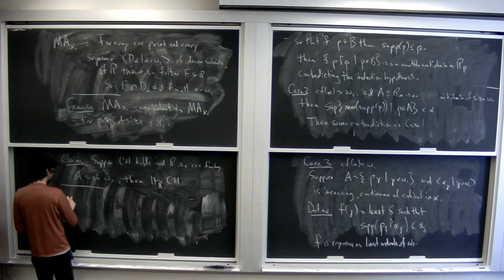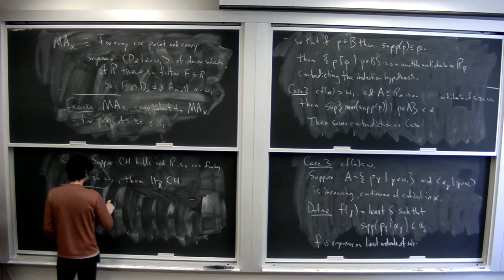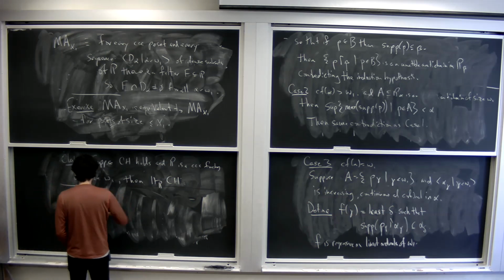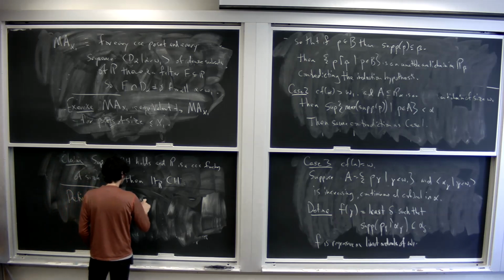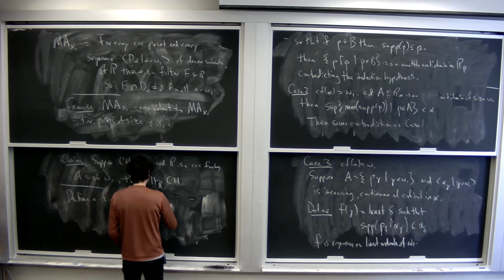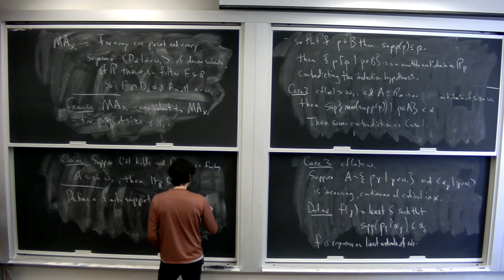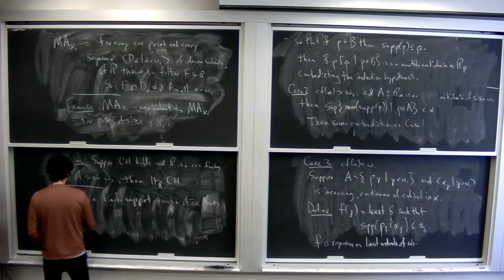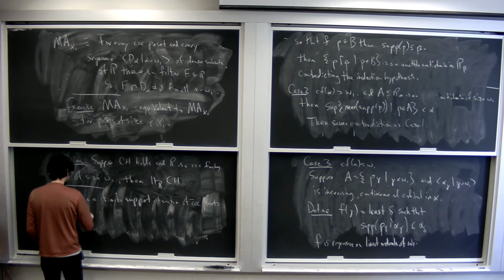So what we're going to do is define a finite supported iteration of CCC posets of length omega 2.